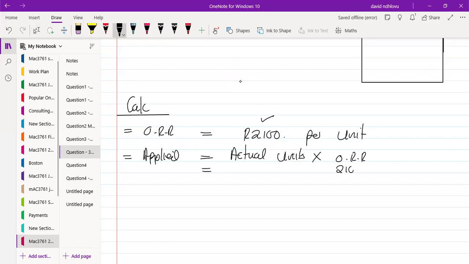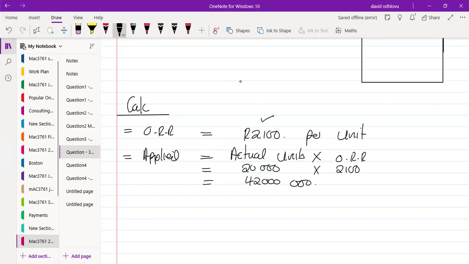So you have your 2.1 here. Then you say how many units were produced. We know that 20,000 units were produced. So we say 20 by 2100. We are going to get a figure of 42,000.